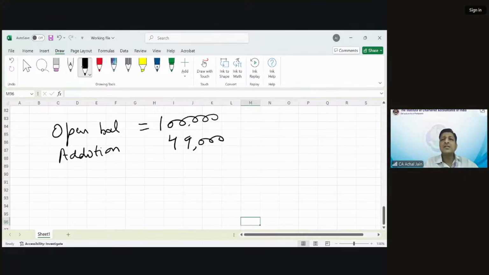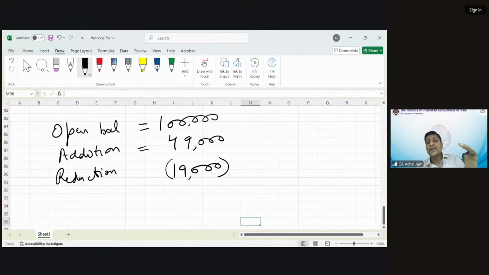To the opening balance, if you add the contribution and there's a reduction, means withdrawal, which has also taken place. So that was 19,000. From the opening balance, if you add the contribution, if you reduce the withdrawal, what should you get? You should get the closing balance, ideally.